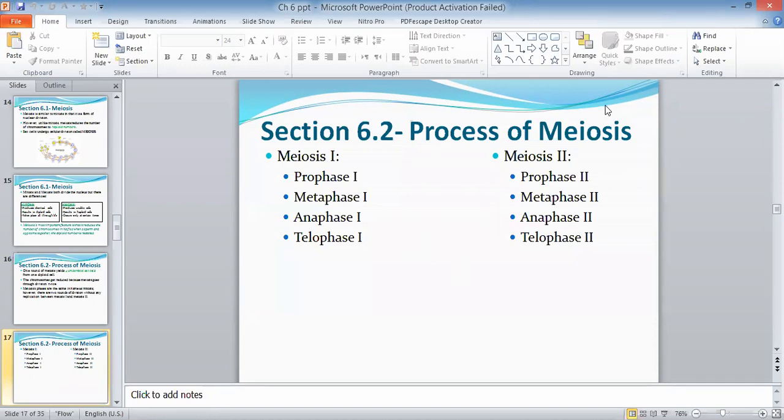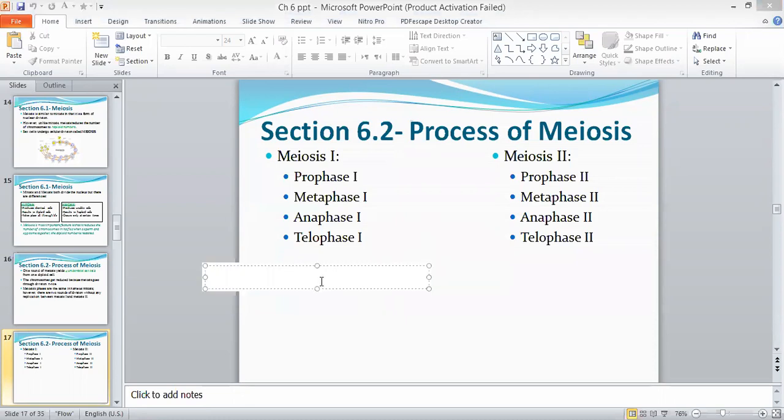It's clear? Clear. To understand these 2 stages, the function of meiosis 1 is to decrease the number of chromosomes to half.